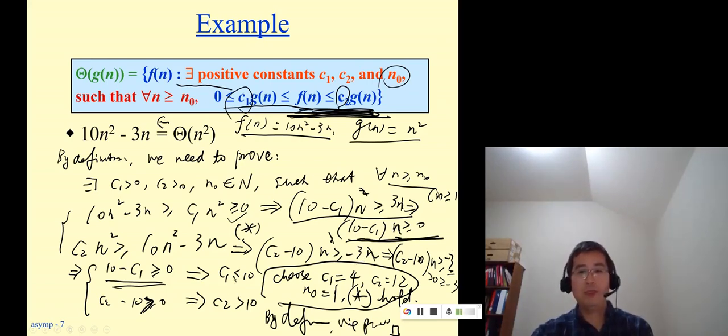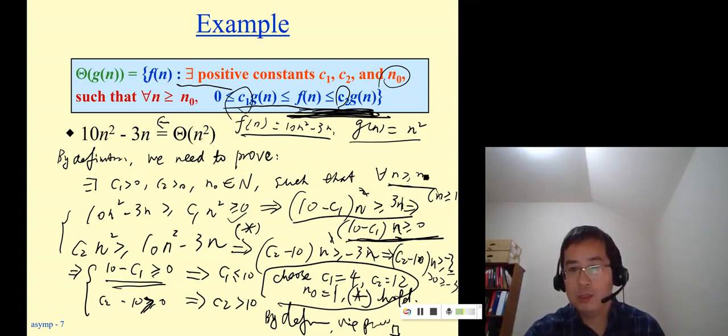As long as you can find a number less than 10 for C1 and a number larger than 10 for C2, and n0, as long as n is a natural number, you can choose a bound which is just 1, correct? Just choose 1.